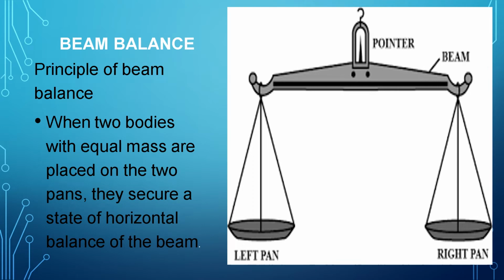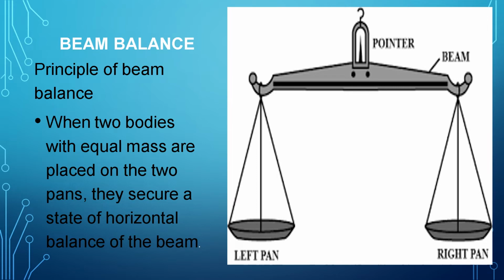And two pans, again generally iron pans, are attached to the two different ends of this beam by using strings. Both the pans are of equal size and mass, and the strings used to attach these pans to the beam are also of the same mass and the same length.